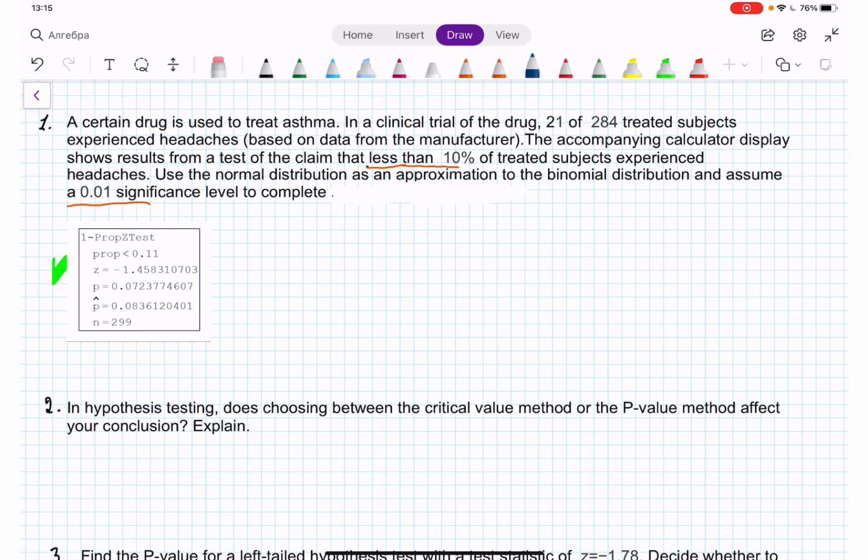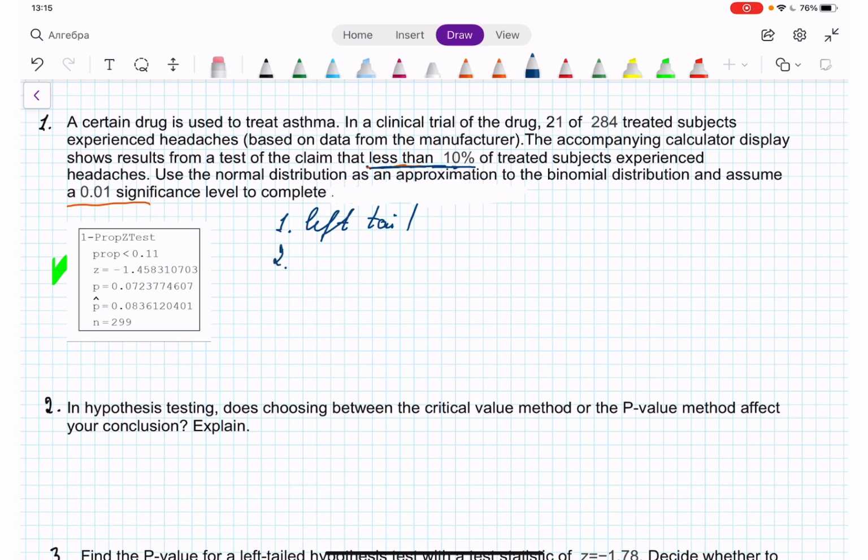Greater than, we would have a right tail. In between would be two tails. So it is left tail, because of this expression, less than 10% of treated subjects. Okay, left tail.